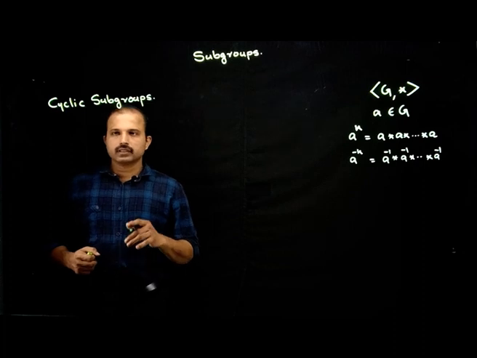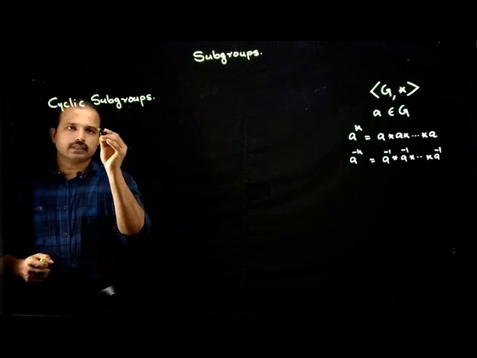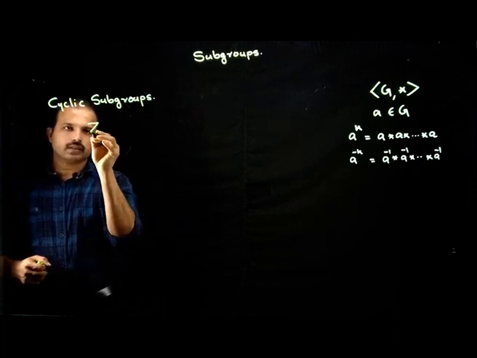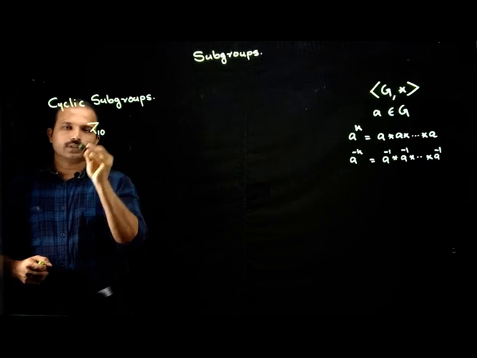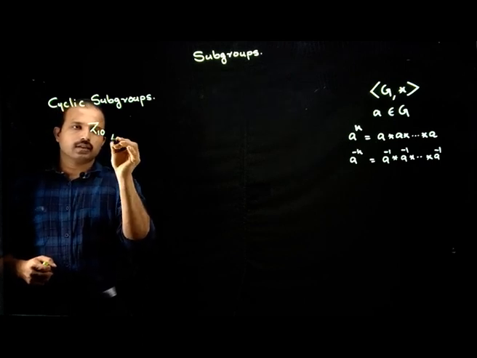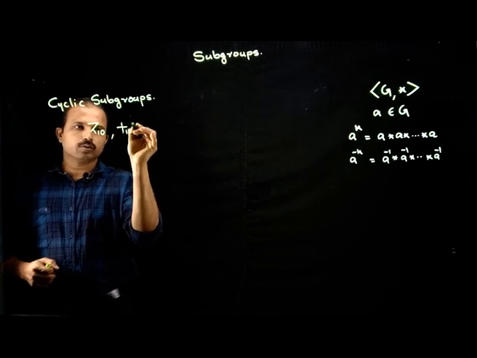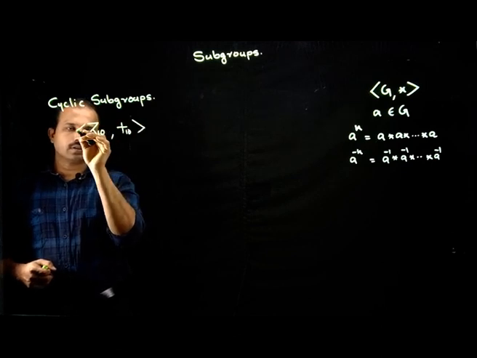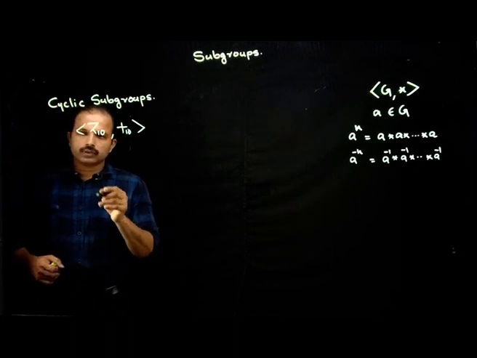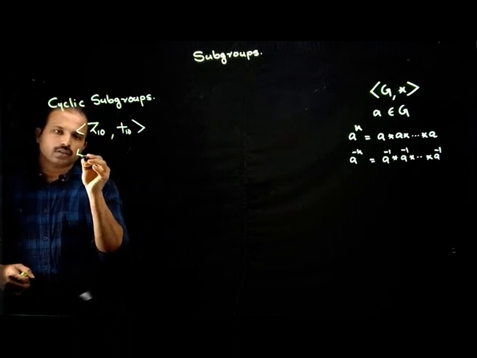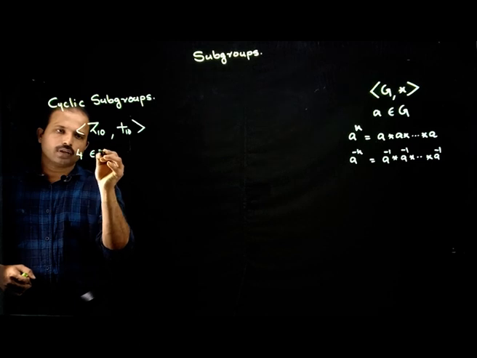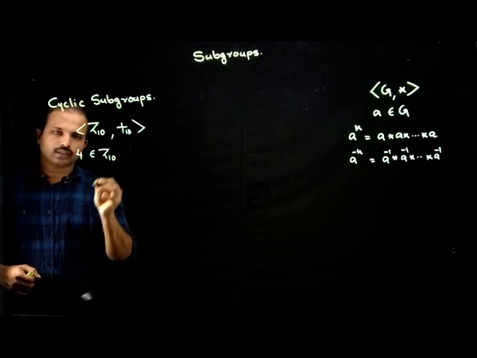Before the definition, consider the group Z10. You know the operation in Z10 is addition modulo 10. You consider this group and choose the element 4 belongs to Z10.